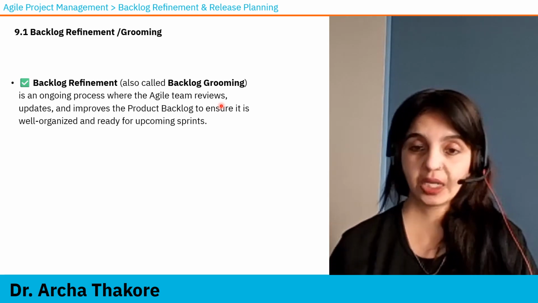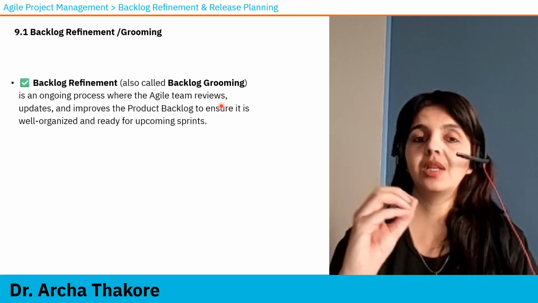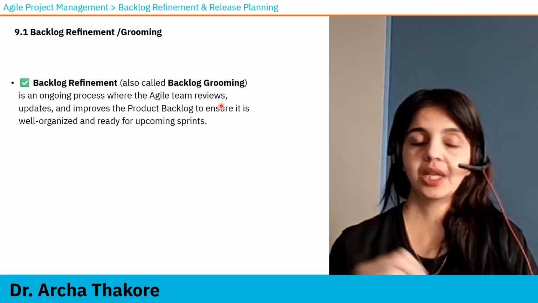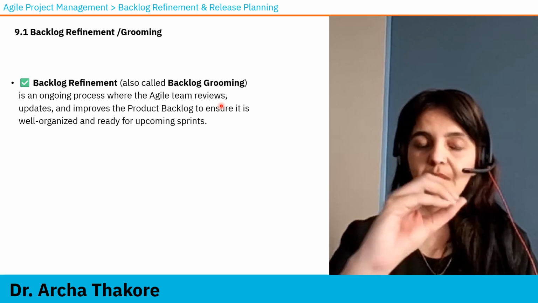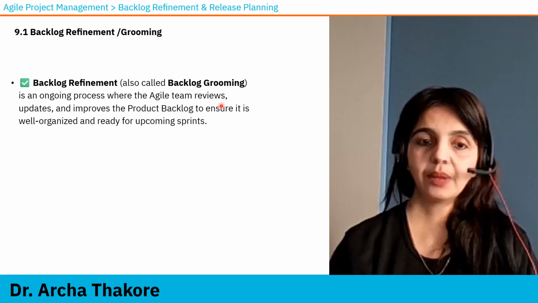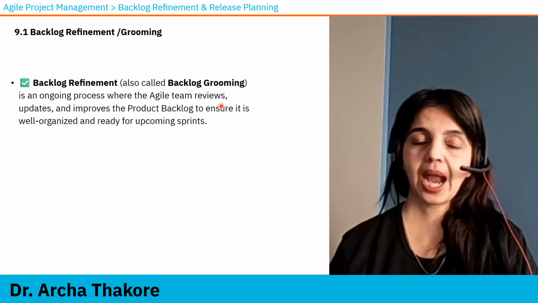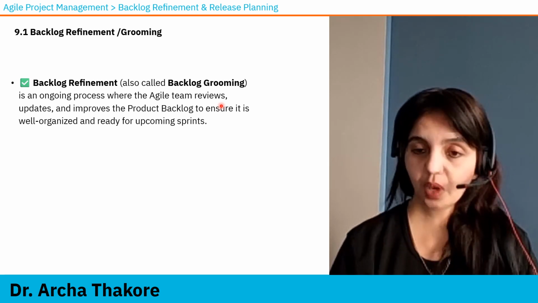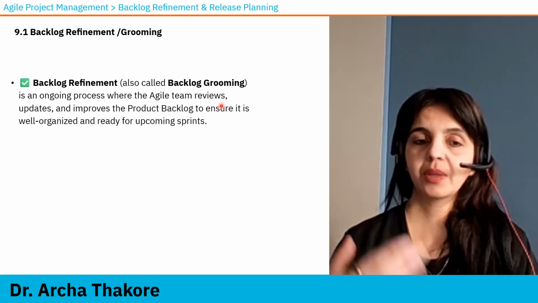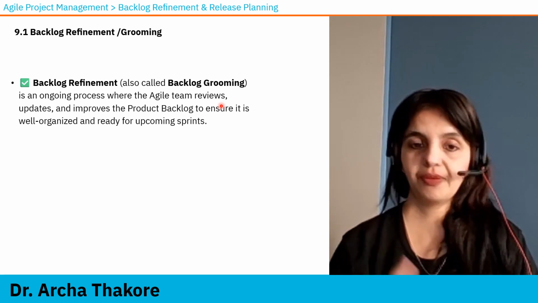That is the change management aspect. I will talk in detail about that in this lesson. But update, say if there is a new request that has come in, so product backlog will be updated. Improves, they add more detail to features, they add more detail to stories. That is called improvement. And all those things are called product backlog grooming or refinement.